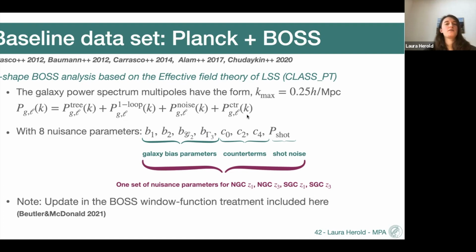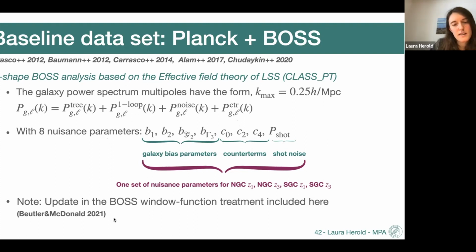In particular, they are supposed to absorb the fact that dark matter is not a perfect fluid, and the influence of the very small nonlinear scales on the mildly nonlinear scales and on the linear scales. By using this EFT approach, we introduce 8 nuisance parameters: 4 galaxy bias parameters, 3 counter terms, and 1 shot noise term. One introduces those 8 nuisance parameters for each of the BOSS data sets, so we introduce 8 times 4 nuisance parameters, essentially. And one small note here.